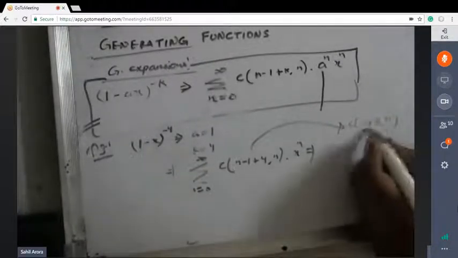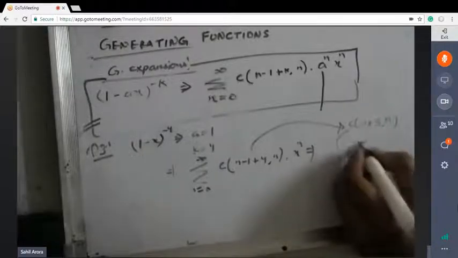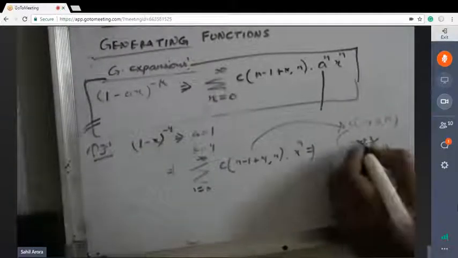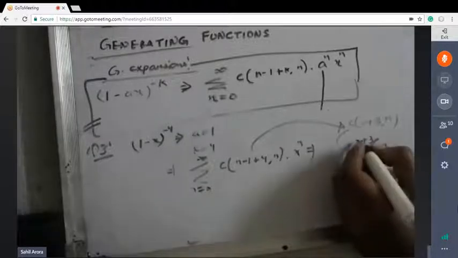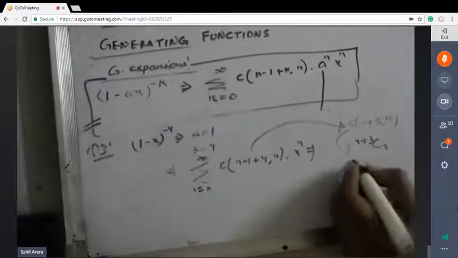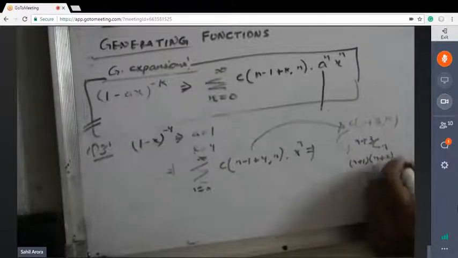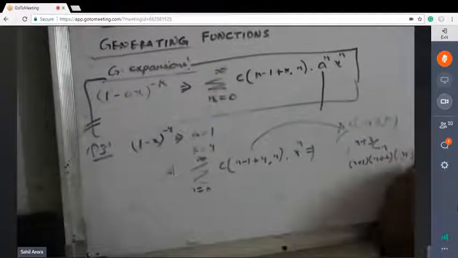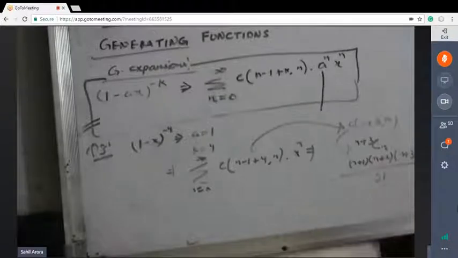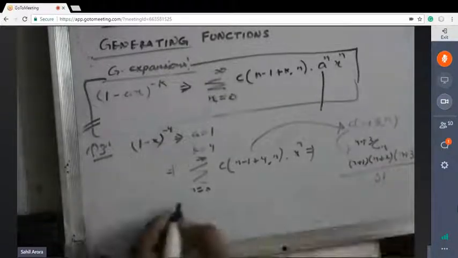So what is C(n plus 3, n)? It is nothing but (n plus 1)(n plus 2)(n plus 3) divided by 3 factorial. Just put this here.